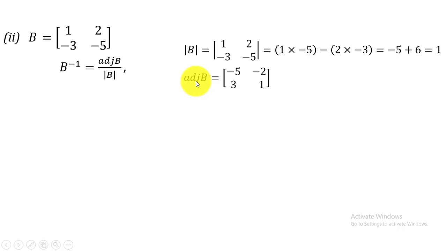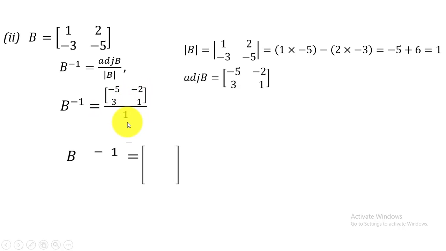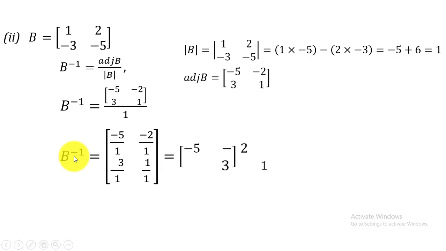The adjoint of matrix B is equal to the matrix having elements negative 5, negative 2, 3 and 1. B inverse is equal to the matrix having elements negative 5, negative 2, 3 and 1 over 1. So B inverse is equal to the matrix having elements negative 5, negative 2, 3 and 1.